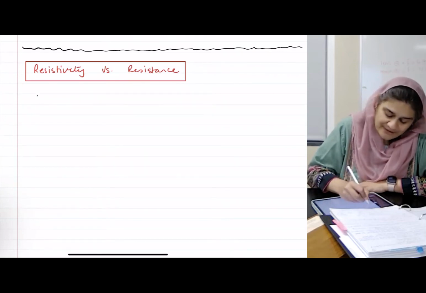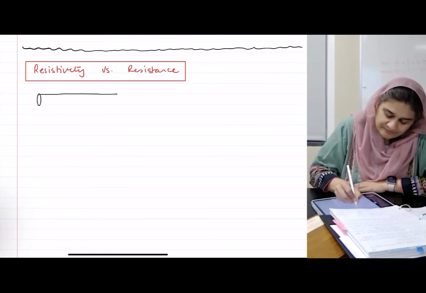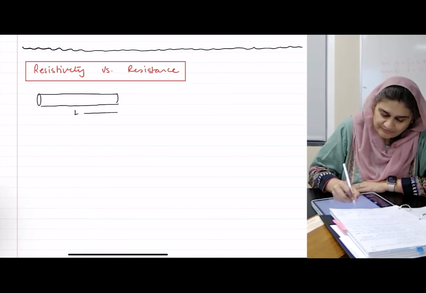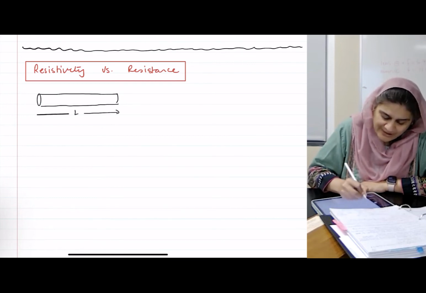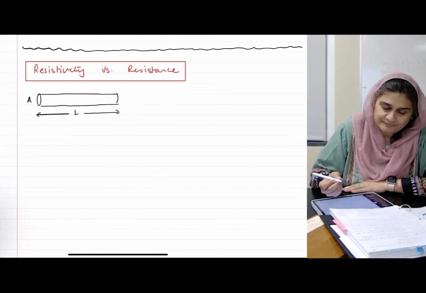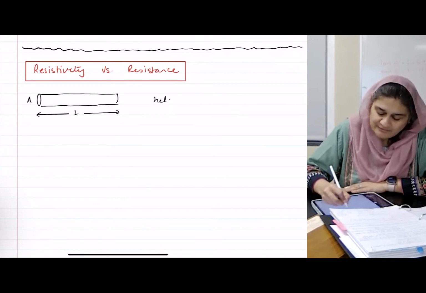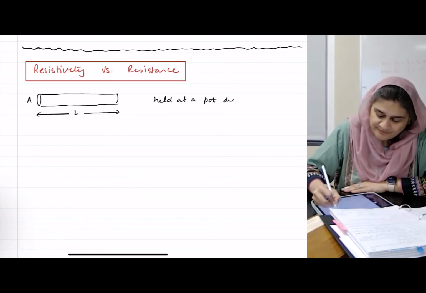Suppose you have a conductor of length L and cross-sectional area A, and it is being held at a potential difference of delta V.